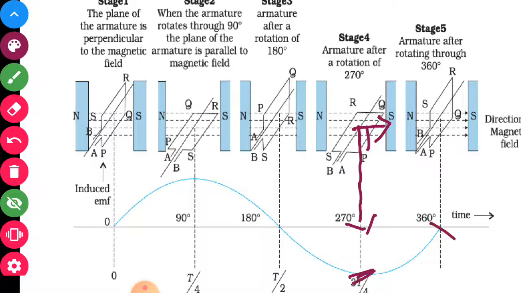And similarly at 360 the electromotive force again becomes 0, because the sine function has value 0 at 180 and 360. At 90 it becomes positive and at 270 it becomes negative, so the electromotive force is changing its direction alternately.